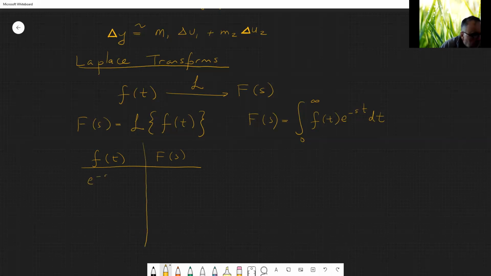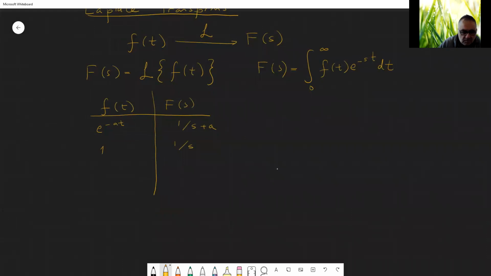If you have e to the minus at as a function, its Laplace transform is 1 over s plus a. If you have a 1, its Laplace transform is 1 over s. If you have the time function, its Laplace transform is 1 over s squared.